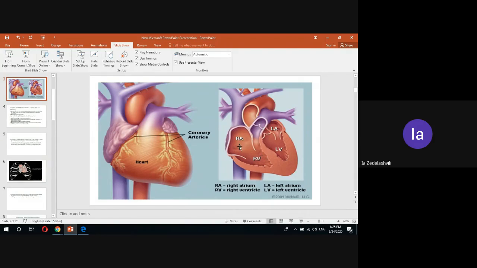If it were hanging, it would be perfect. But our heart is slightly turned, so the right side is closer to the anterior part, and the left side is more turned to the back, to the posterior side. Imagine, rotate it.